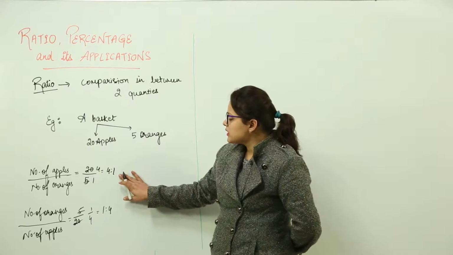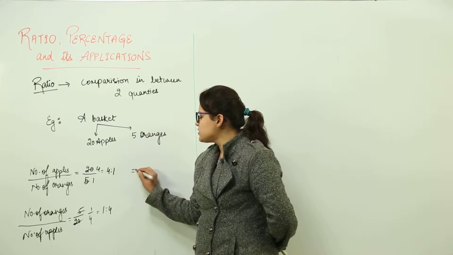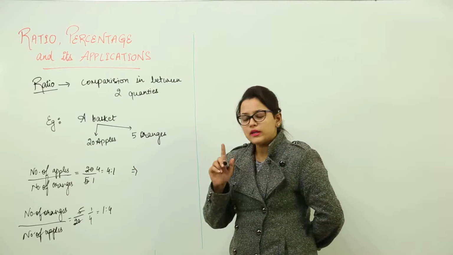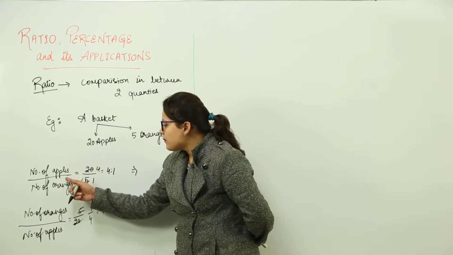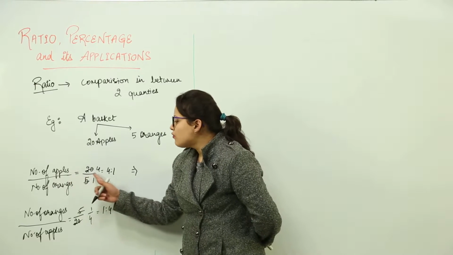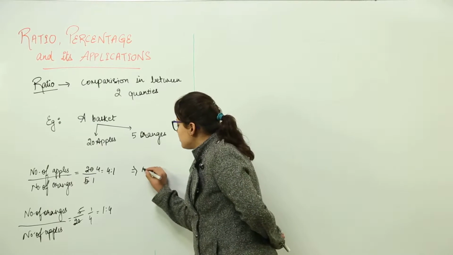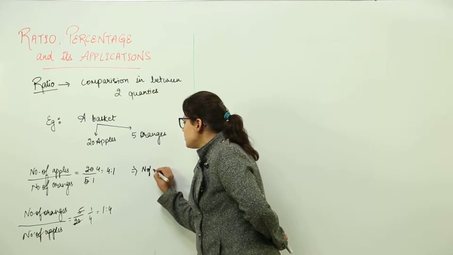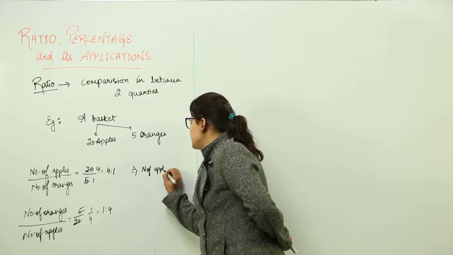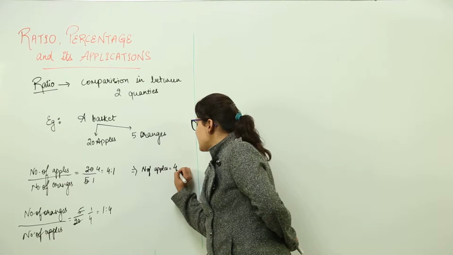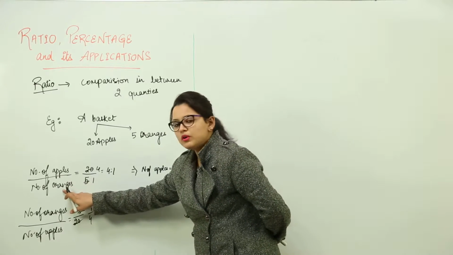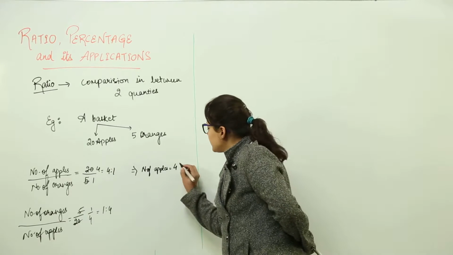Now here you can say one thing. From the first ratio we can conclude that the number of apples is 4 times the number of oranges. Can we say that? Why? If I write the number of apples equal to 4, and take the number of oranges to that side, it will get multiplied.